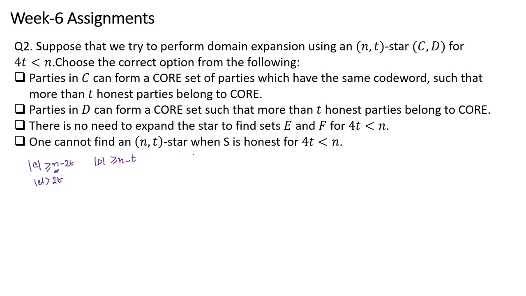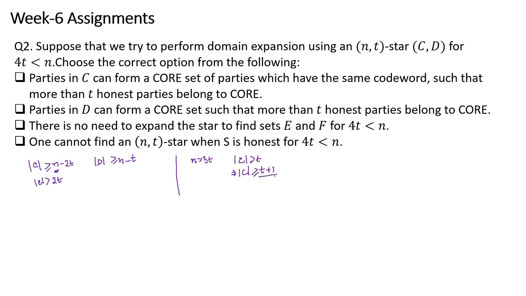So previously what happened, to declare the C as the core for an NT star graph, we had n greater than 3t, so we had C to be greater than t, or in other words C to be greater equal to t plus 1.